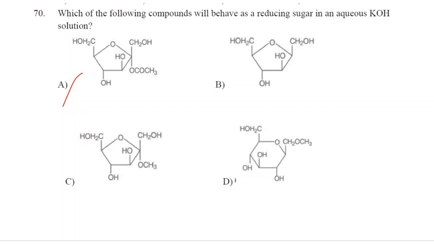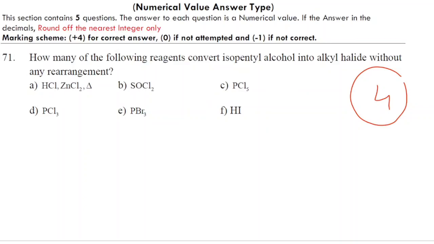Suppose if we consider this one, it readily converts into O minus when treated with the KOH, whereby an alpha hydroxy ketone is obtained, and that particular alpha hydroxy ketone is oxidized by an oxidizing agent and hence called reducing sugar.